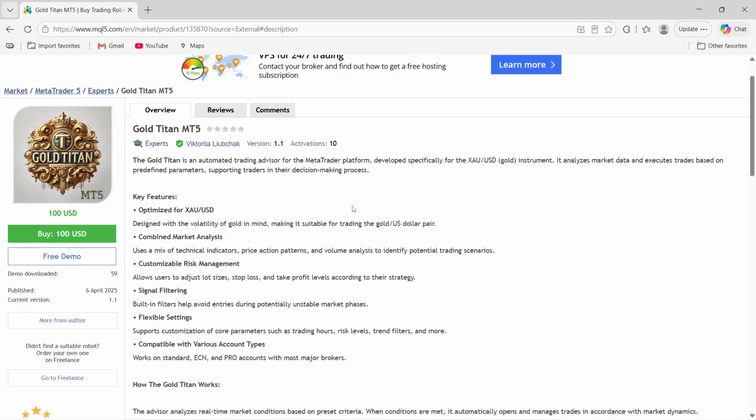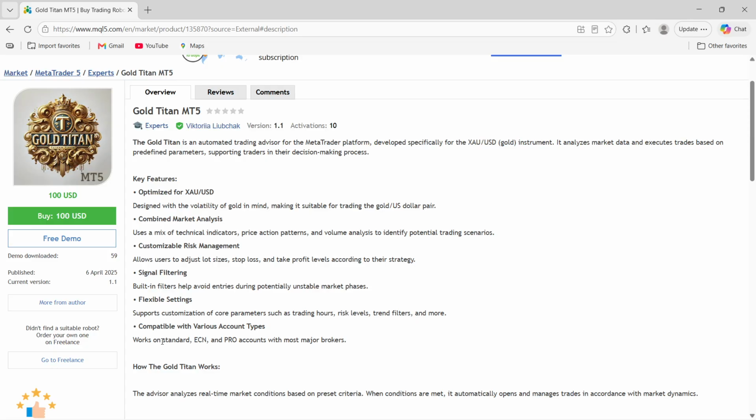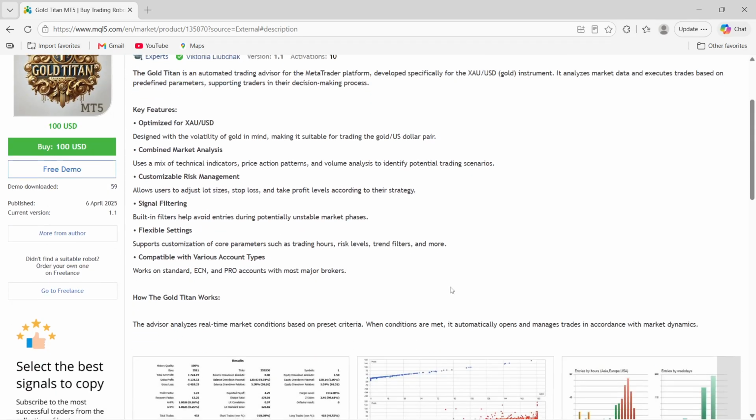So the EA is designed to work on various account types, including standard, ECN, and pro accounts with most major brokers. Once conditions are met, it automatically opens and manages trades according to market dynamics.